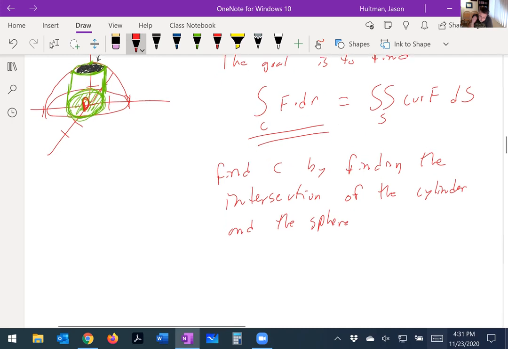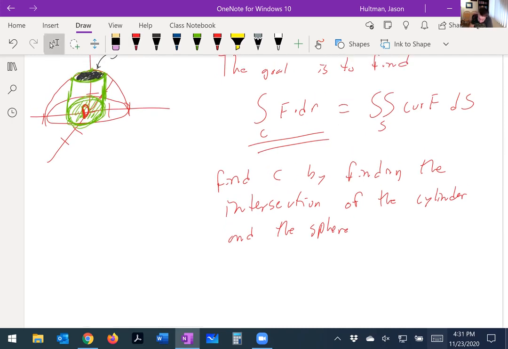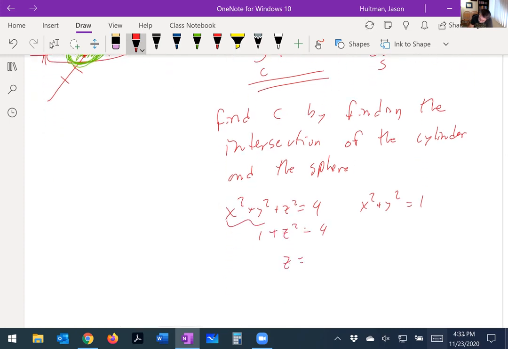Okay, so where do they intersect? Well, we've got x squared plus y squared plus z squared equals 4, and x squared plus y squared equals 1. So I know that this thing is 1. 1 plus z squared equals 4. So z equals plus or minus radical 3.